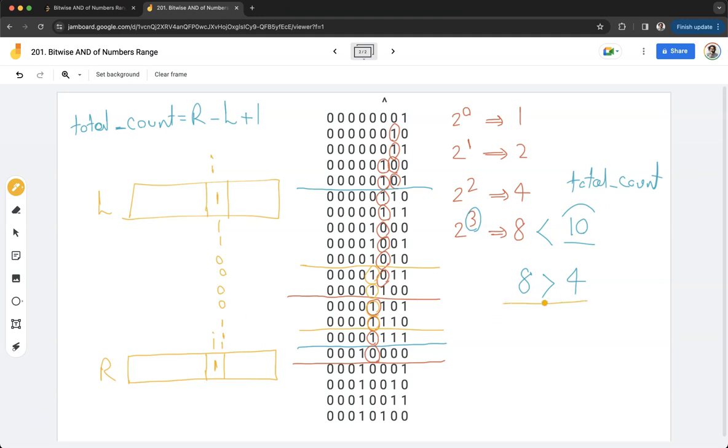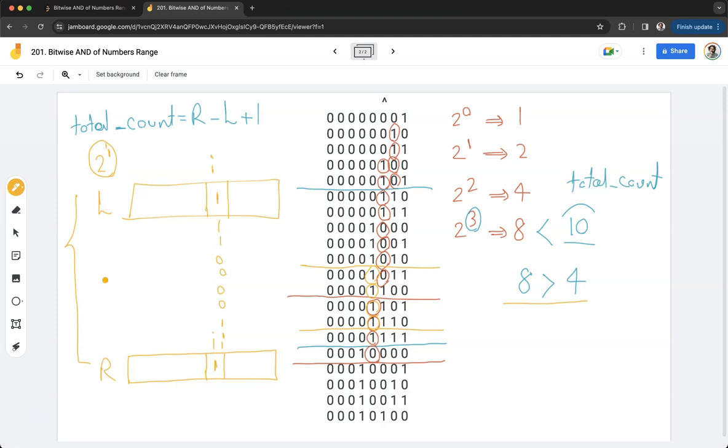We have already checked that from left to right, we have less than or equal to 2 to the I numbers. And 2 to the I is the length of this period.